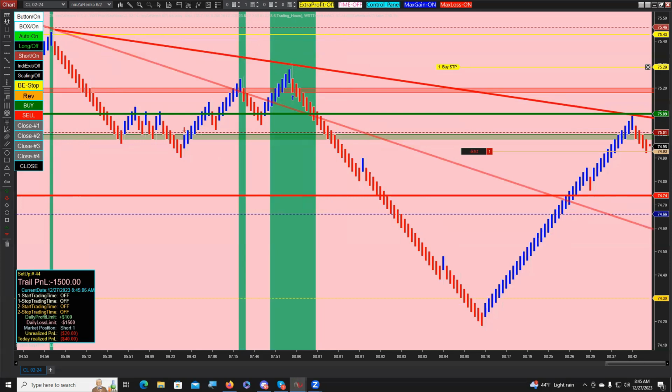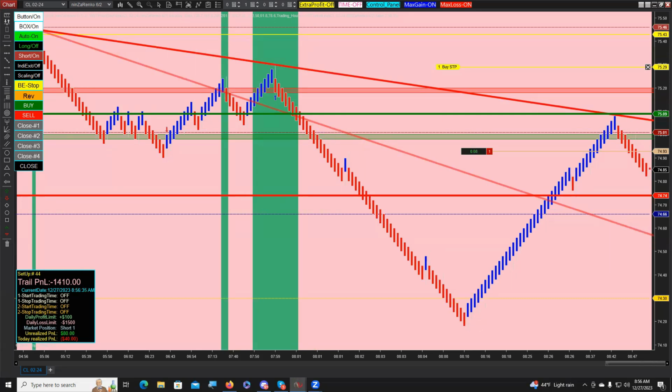And so there is just a better probability that a certain pivot is going to be respected than however many ticks you would put in your stop loss, for example. But you can see the consistency here. I was looking for a short because price is below the midpoint, and now I'm just going to let this trade go.